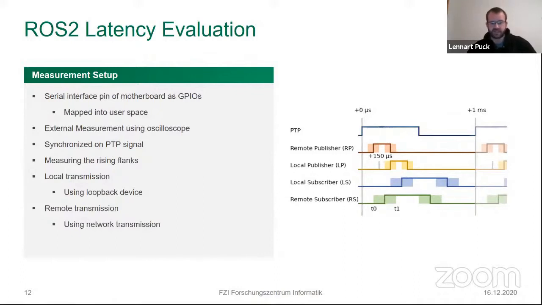On the right, you can see, as previously mentioned, we have a remote publisher and a local publisher, which are both from our interpolator, both sending the same topic, with an offset of 150 microseconds, so we don't have any race conditions in between.